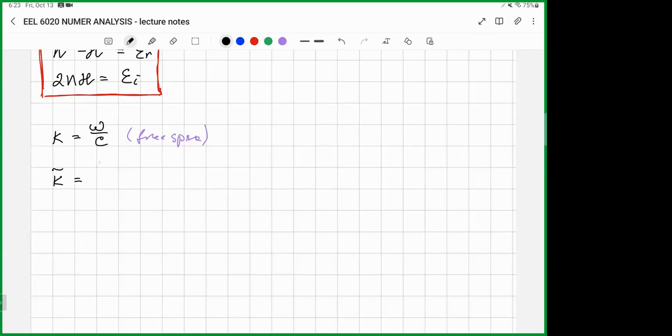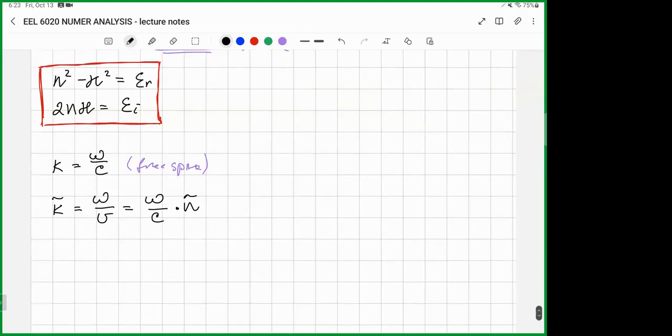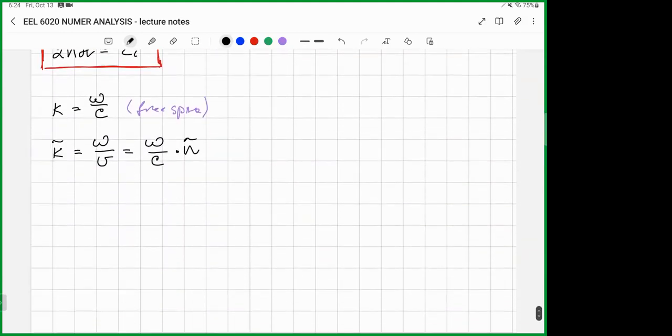So it's going to be equal to omega over v, or omega over c times the refractive index n tilde. And substituting for n tilde this n plus i kappa, we've got omega over c times (n plus i kappa).